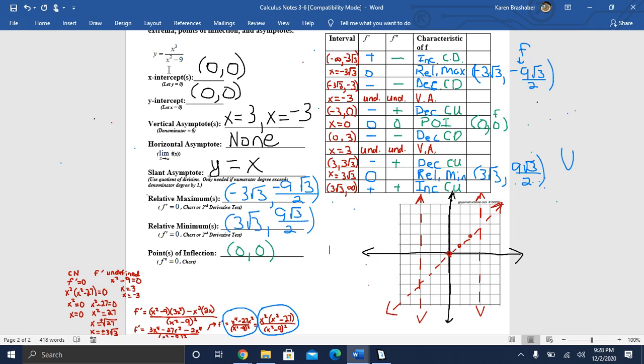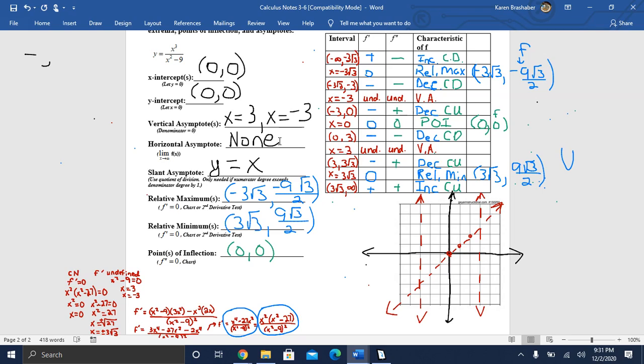All right. I want to plot now our first point, which is a relative maximum. Now it's negative 3 square root 3 and negative 9 square root 3 over 2. So the decimals for those, I have the decimal values. So I'm going to write those off to the side here for us.